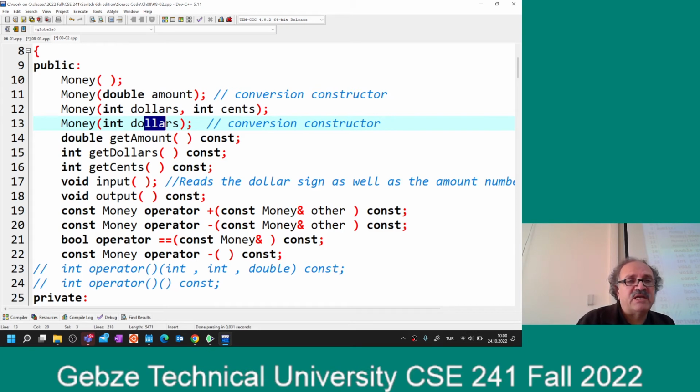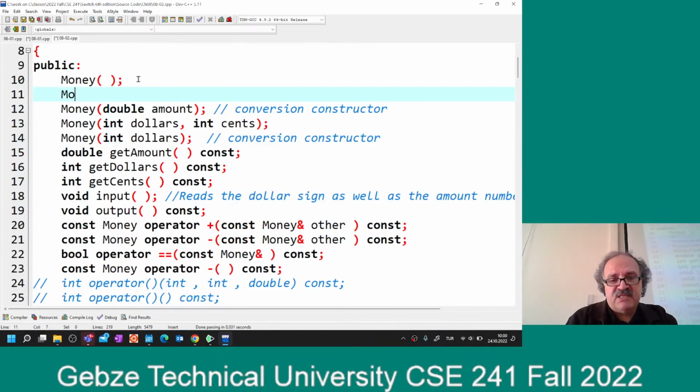So conversion constructors are the constructors that take a single parameter, just a single parameter, and I use it as a conversion constructor. If I had a constructor that takes a string object, then in that case, money1 plus string ABC would work too, because there is a conversion constructor from string to money.